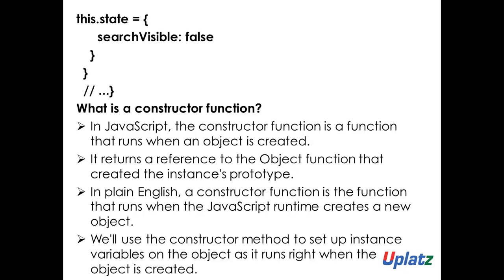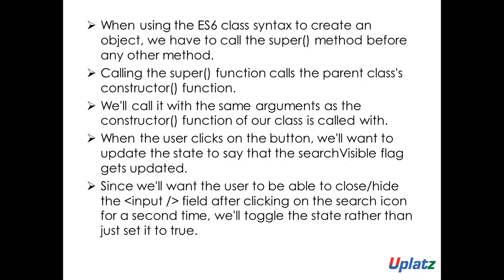It runs only when, during its runtime, JavaScript creates the object, and it is automatically initiated. That is what constructor mainly means. This constructor method sets up instance variables on the object as it runs when the particular object gets created. When using ES6 syntax to create an object, we have to call the super method before any other method.